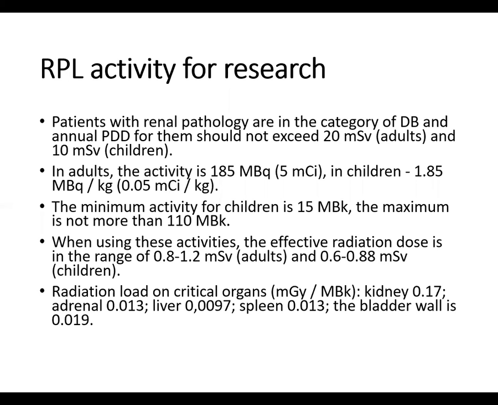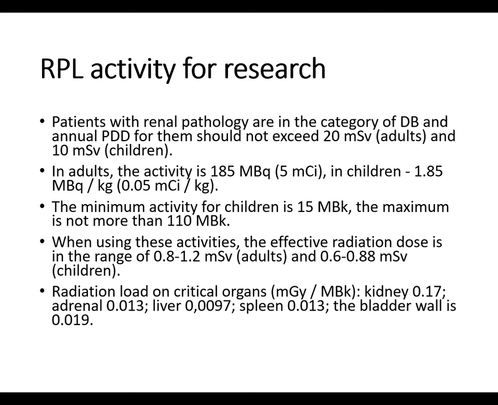It means we perform 4 phases: native, corticomedullary, parenchymal, and excretory phase, which will result in the total dose of approximately 20, 25, 30 millisieverts, which is approximately 20, 30 times more than the one nuclear scan of the kidney. So this is very important.